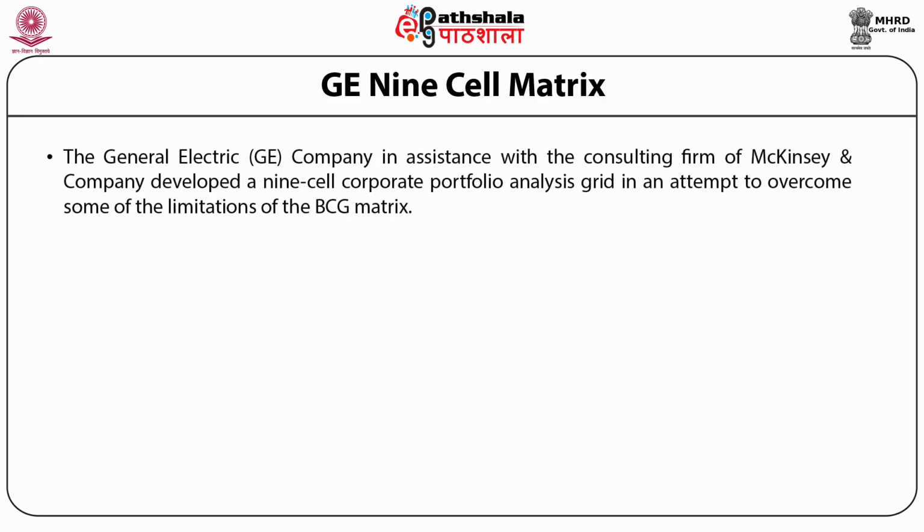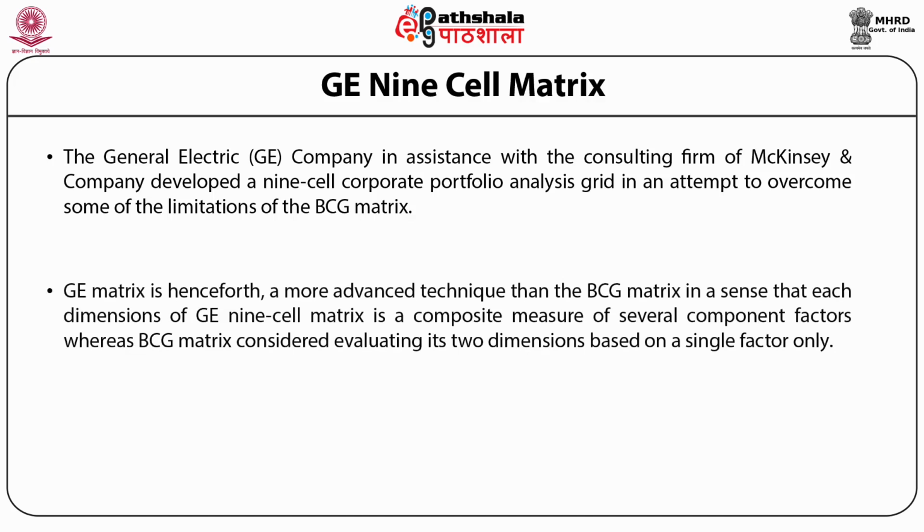The General Electric Company, in assistance with the consulting firm of McKinsey & Company, developed a 9-cell corporate portfolio analysis grid in an attempt to overcome some of the limitations of the BCG matrix. GE matrix is henceforth a more advanced technique than the BCG matrix, in a sense that each dimension of the GE 9-cell matrix is a composite measure of several component factors, whereas the BCG matrix evaluates its two dimensions based on a single factor only.